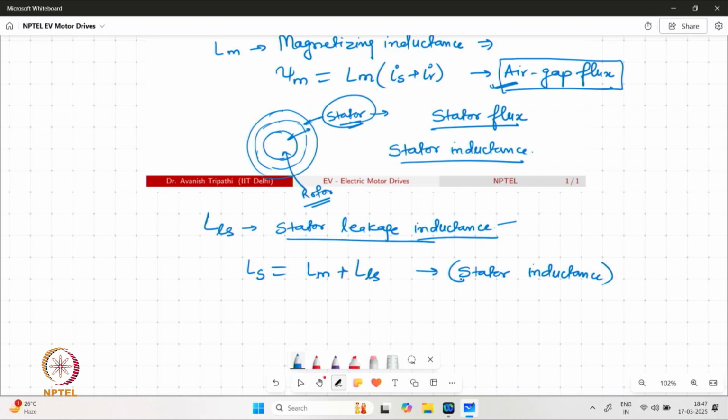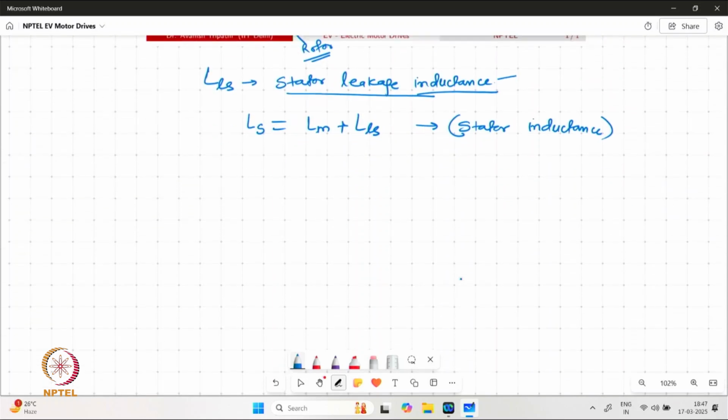So which means it is a factor or circuit element which is involving the common element Lm and the element which is associated with the stator alone.